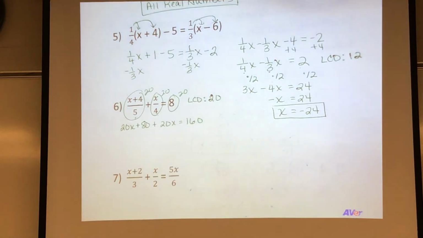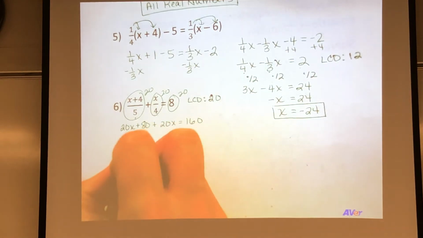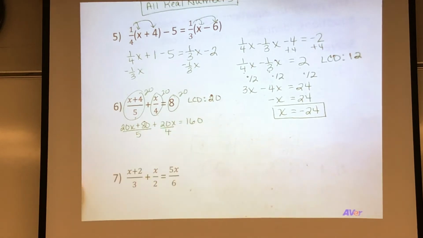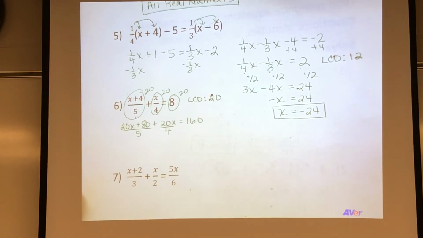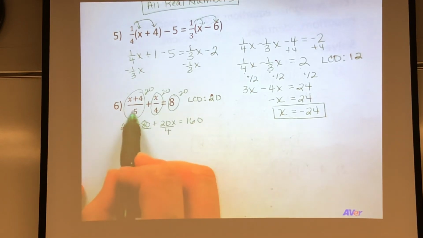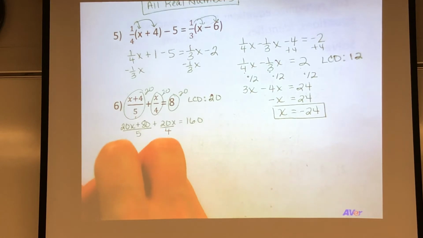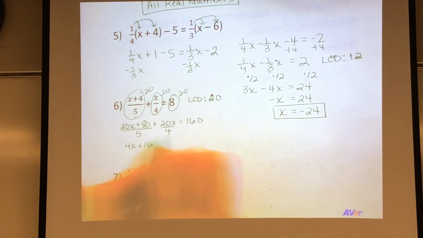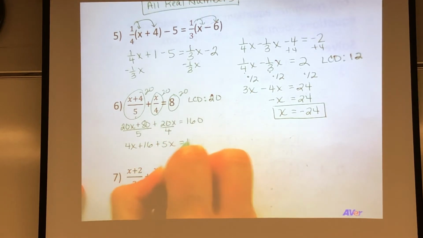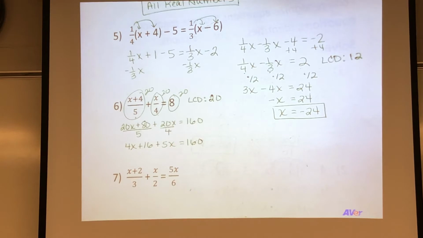Now after you multiply by the LCD, you might be able to simplify a little bit. So if we divide both of those by 5, because that's what our 5 was from that original, we'd have 4x plus 16, multiply or divide this by 4, we'd have 5x, and now we don't have any more fractions. And again, there's lots of ways to do that. Maybe I'll even show you a different way on the next one.